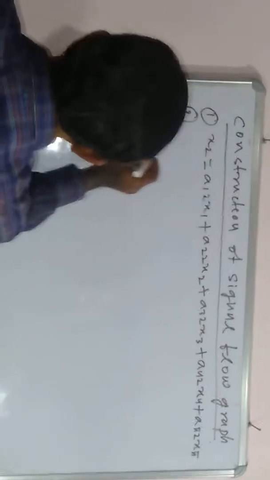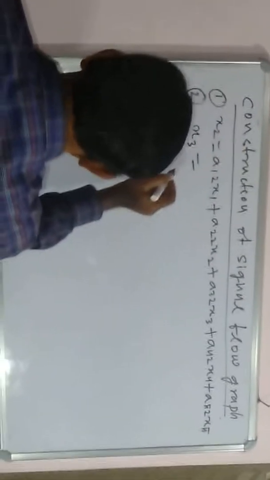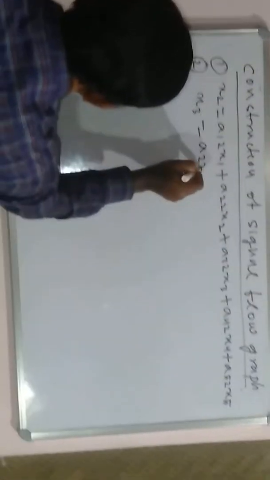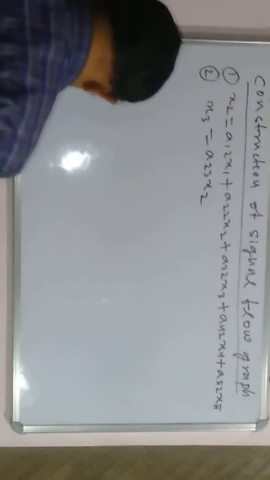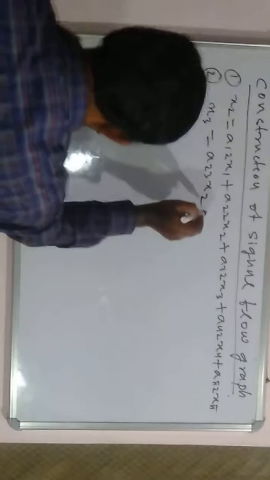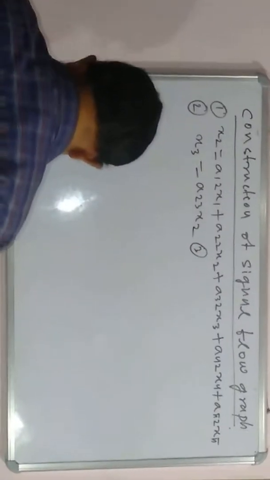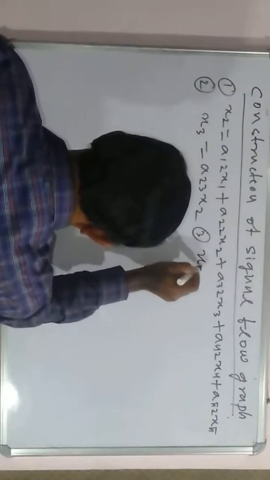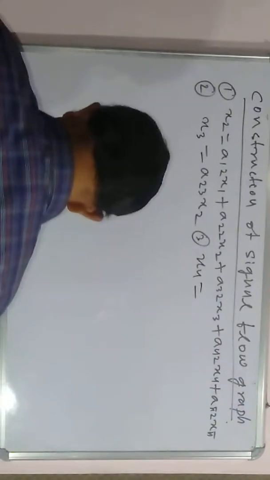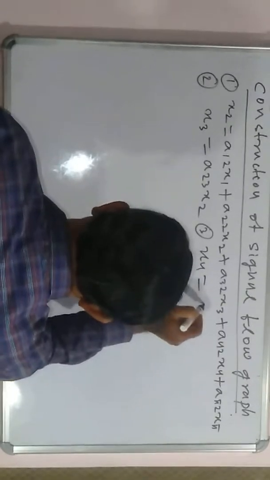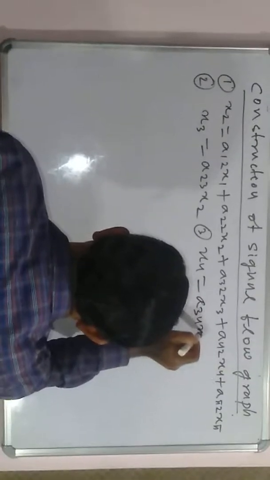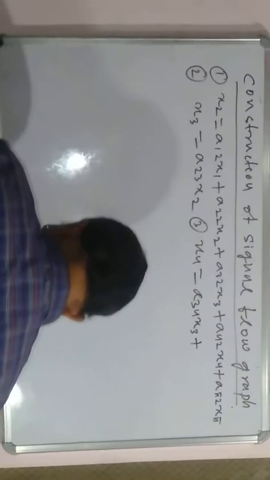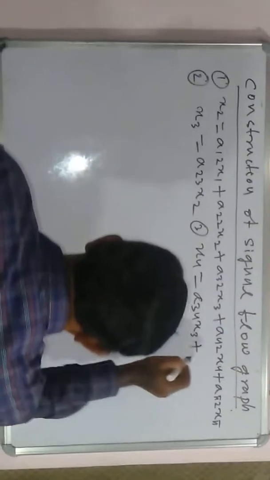Equation number 2 is x3 is equal to a23 x2. Equation number 3 is x4 is equal to a34 x3 plus a44 x4.